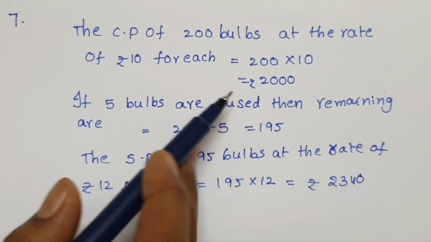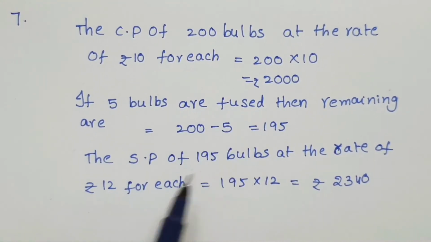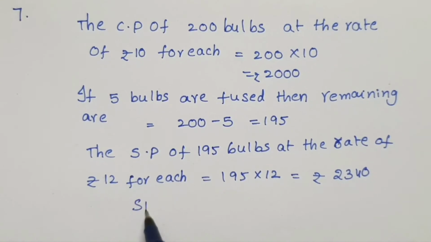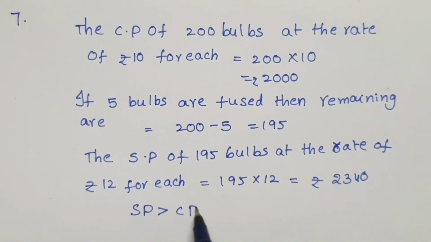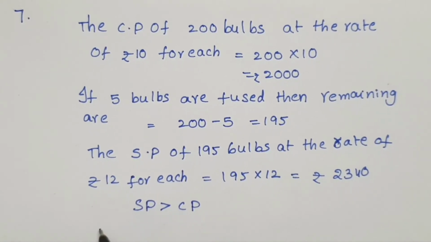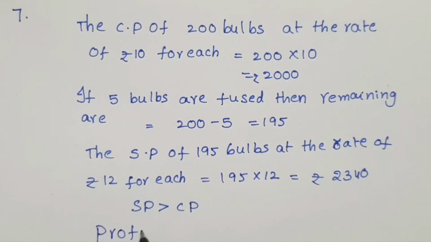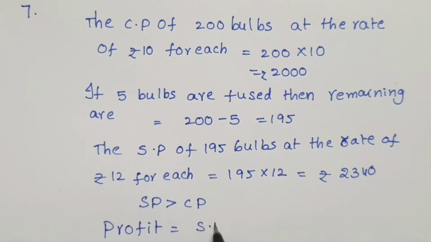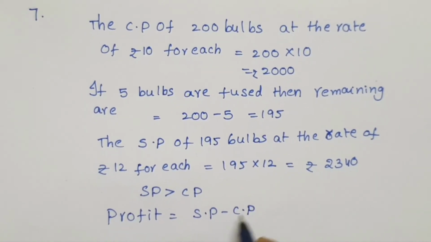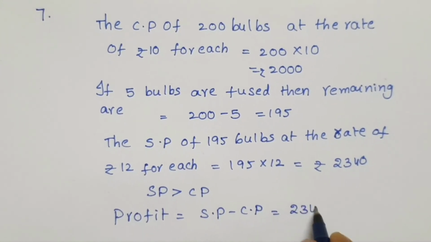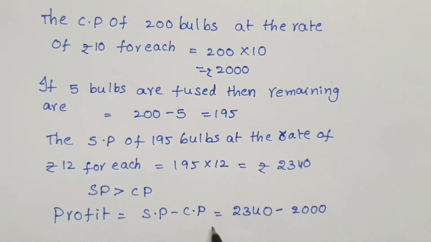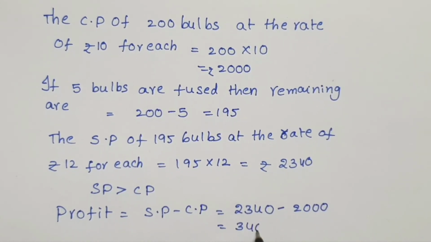Now which is more, CP 2000 or SP 2340? Here SP is greater than CP, so we get a profit. Profit equals SP minus CP, 2340 minus 2000, so we get 340.